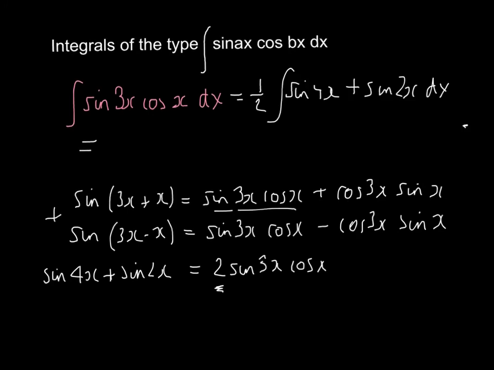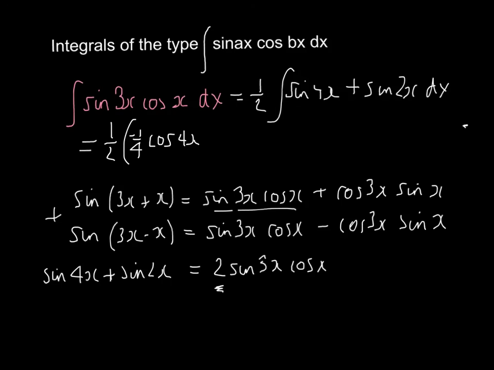Okay, so we've got our half, and the integral of sine 4x would be, if we differentiated cos 4x, we'd get minus 4 sine 4x, so we need to put minus a quarter in front of that one, then we get the right thing.